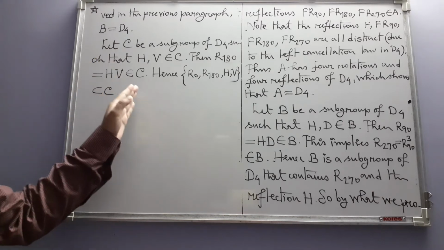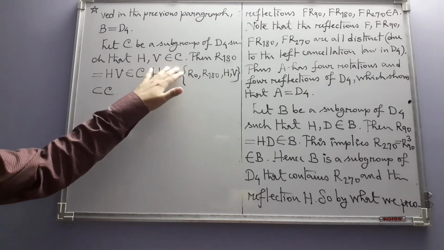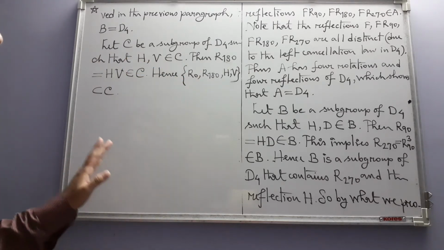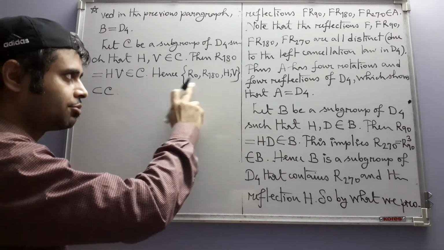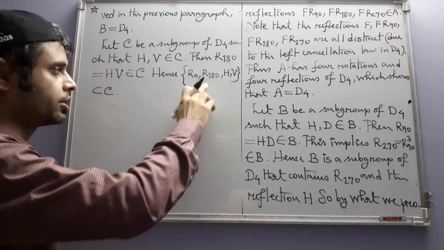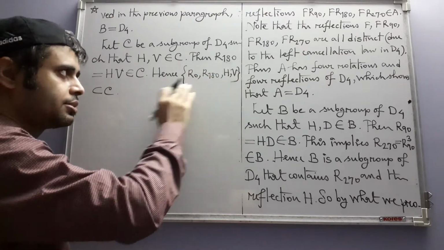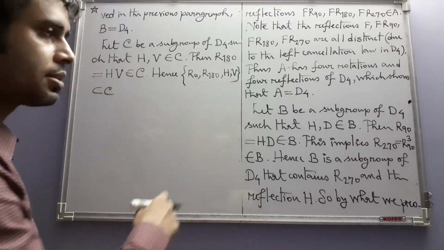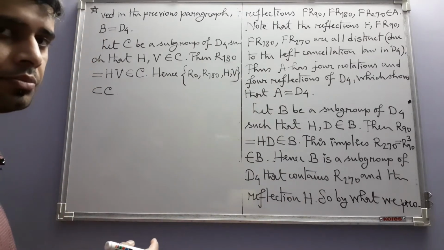For a subgroup that satisfies these conditions, only this much can be said, and the reason is that unlike the previous cases, here if you consider several different products of these elements, you are going to be inside this set only, and that is because this set itself is a subgroup of D4, so you won't get any new element.